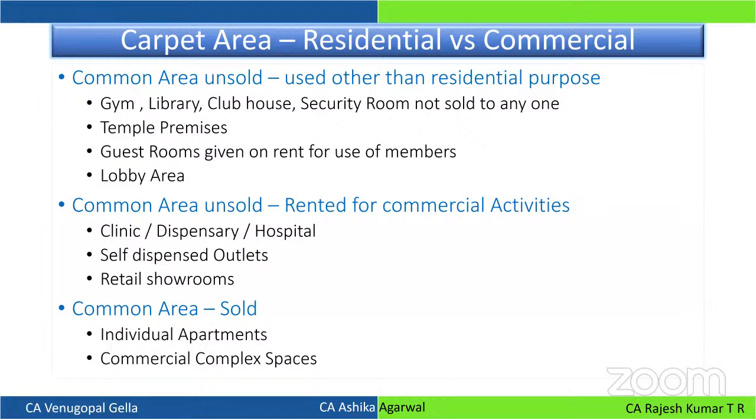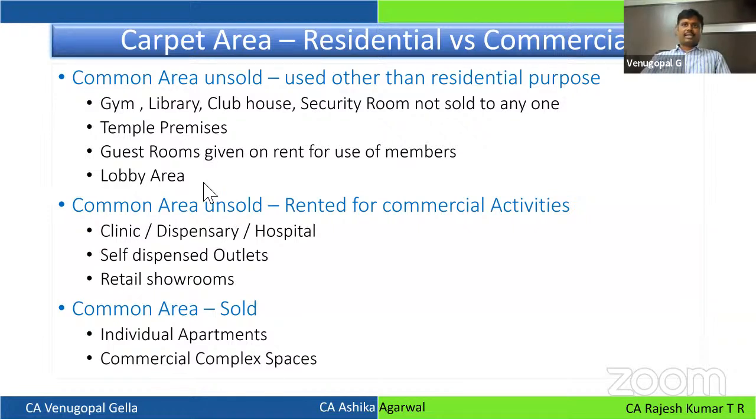This is not called relinquishment. Relinquishment is a separate word itself. At the time of taking the plan, some of the road or the park would be relinquished to the planning authorities. This is not a relinquishment. Section 17 of the RERA mandates all these common areas to be handed over to the association of allottees. So that is the difference between common area, carpet area, and the super built-up area.